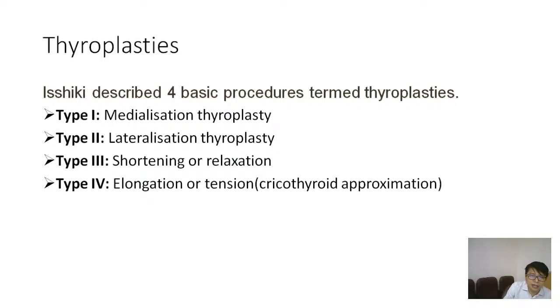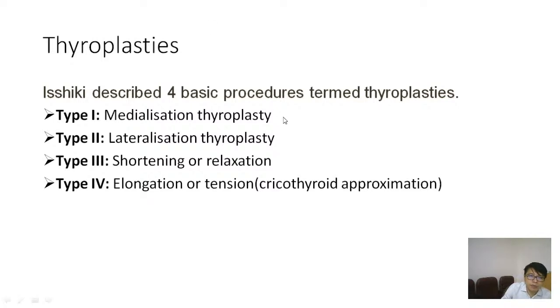Type 2 is lateralization. Type 3 is shortening. Type 4 is elongation. By shortening it, we achieve a lower pitch. By increasing the length of the vocal cord, we tension it, so we increase the pitch. This is just to change the pitch of the voice.